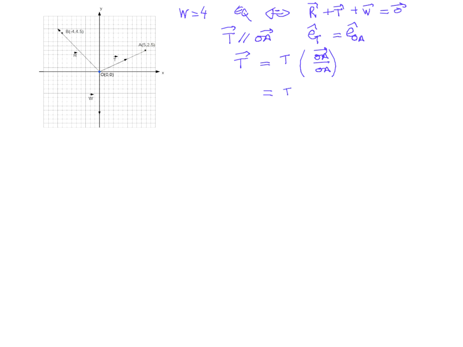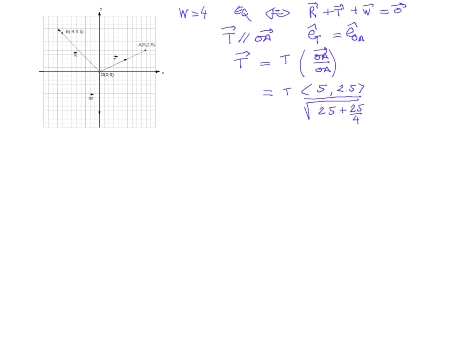Position vector OA is by definition (5 minus 0, 2.5 minus 0), divided by its own magnitude, which is the square root of 25 plus 25/4.